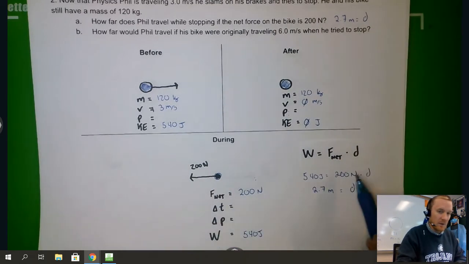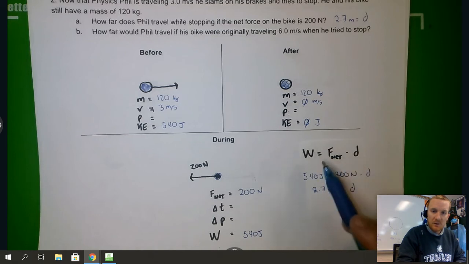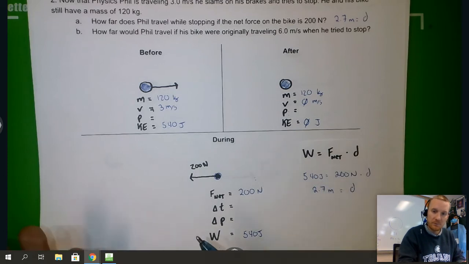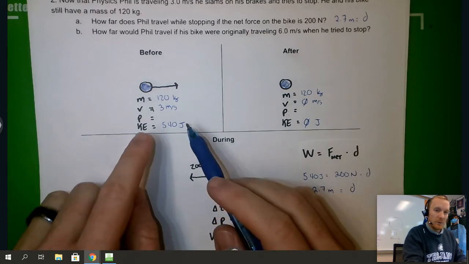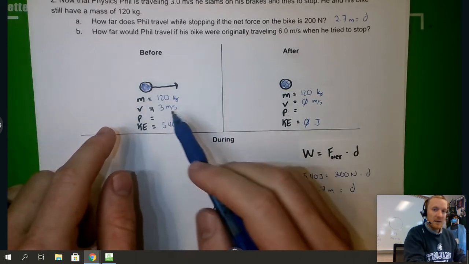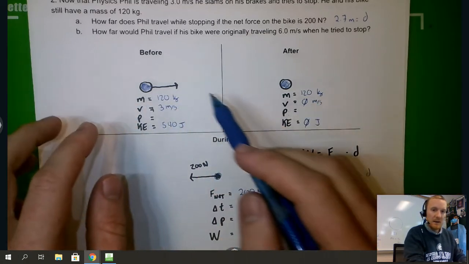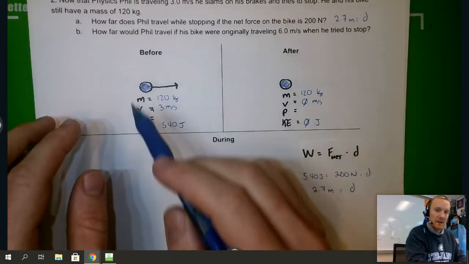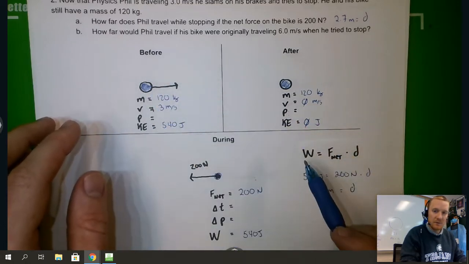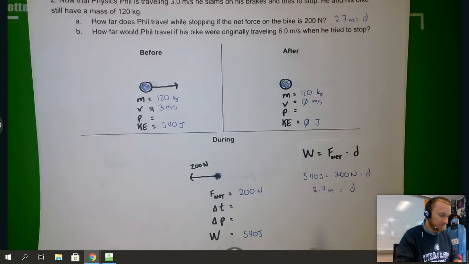We know that our stopping distance is equivalent to how much work we need in order to go from our initial kinetic energy to zero. We're going from some amount of kinetic energy to zero, and if we can figure out what our starting kinetic energy is, we'd be able to figure out the work pretty simply.